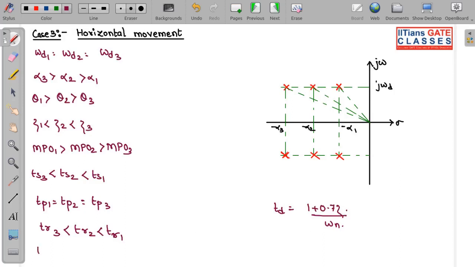So this will be TD3 greater than TD2 greater than TD1. This will be all the concept regarding when your systems have poles like this. So this will be system 1, system 2, system 3. They might ask you, so you can reply easily.